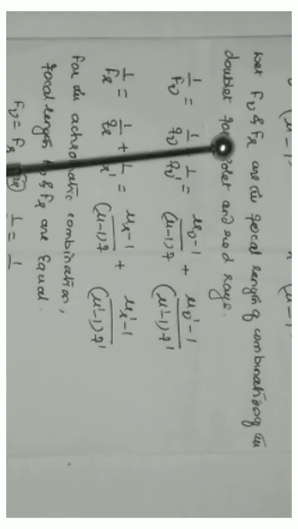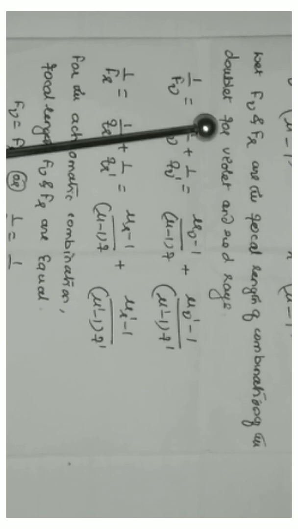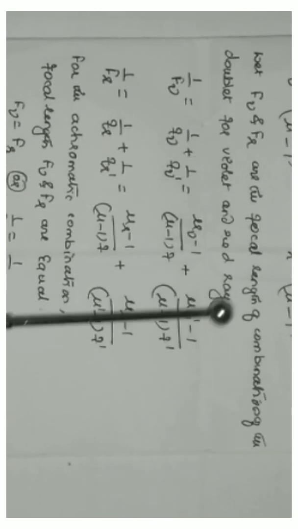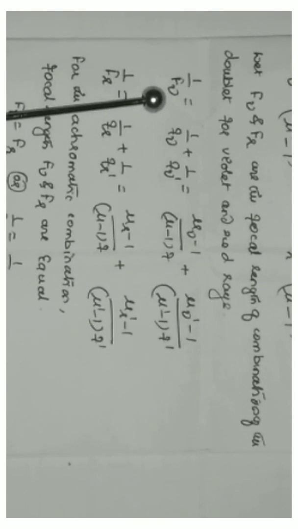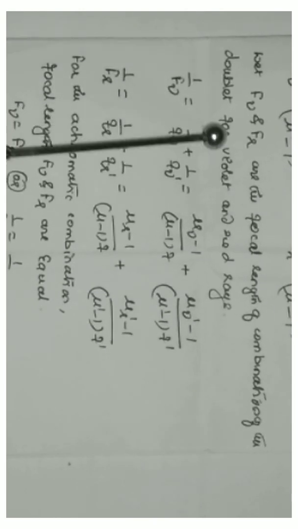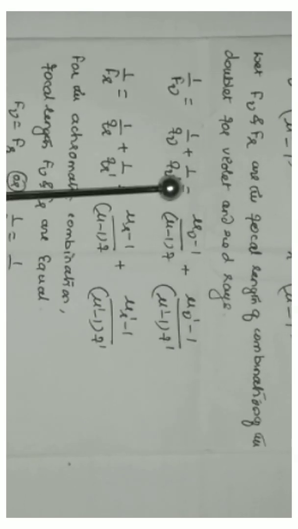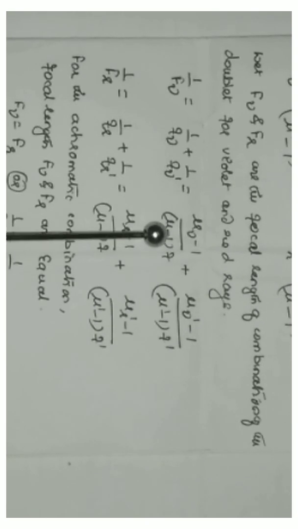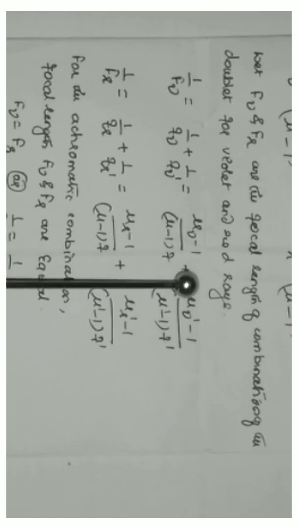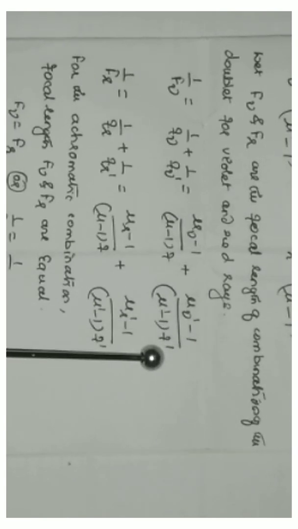Here, if Fv and Fr are the focal lengths of the combination of the doublet for both violet and red rays, then 1/Fv, capital Fv, is equal to the sum of 1/Fv plus 1/Fv', that is equal to (μv - 1) by (μ - 1) into F plus (μ'v - 1) by (μ' - 1) into F'.